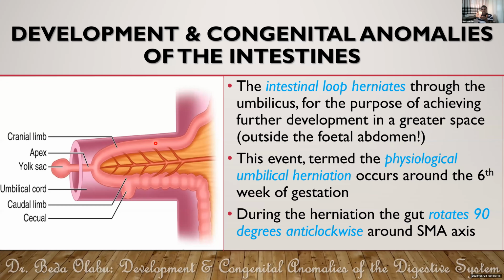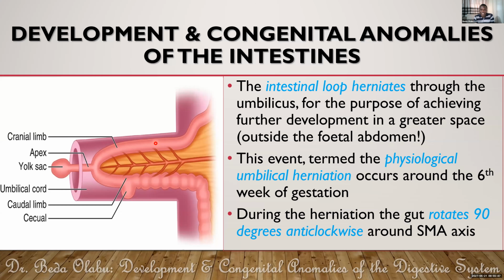The large gut goes to the left, and the small gut goes to the right. So this rotation is normally called external rotation. External rotation is 90 degrees anti-clockwise around the axis of the superior mesenteric artery.